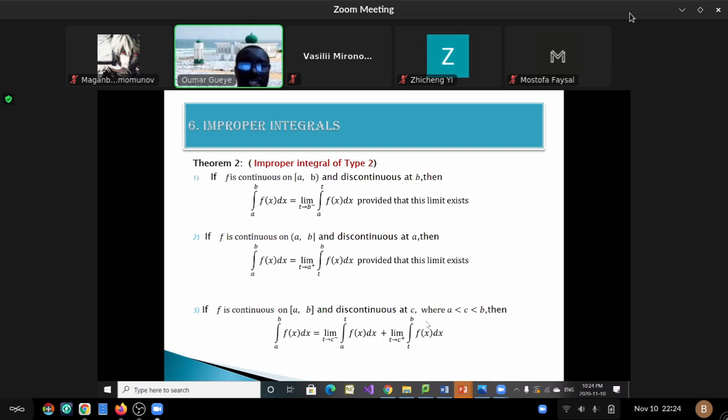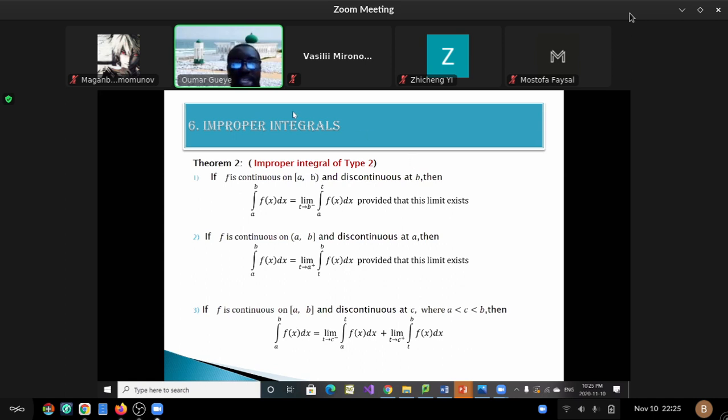And we'll see the 3 possible cases. The first case is when we have the discontinuity at B. The function is continuous everywhere inside the interval AB except at B. In this case, because of the discontinuity, we remove the B and replace it by a parameter T, and let T approach B from the left. Why?